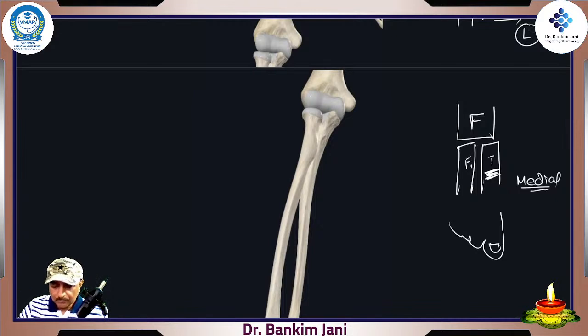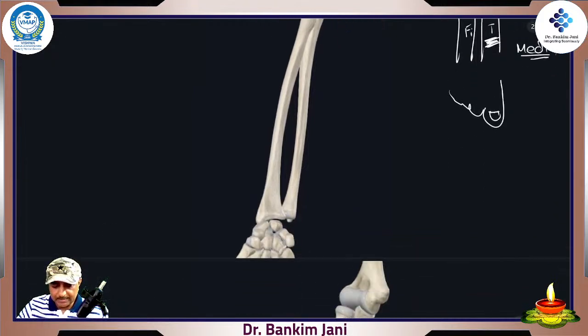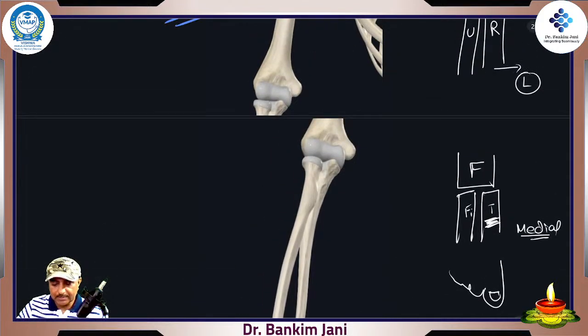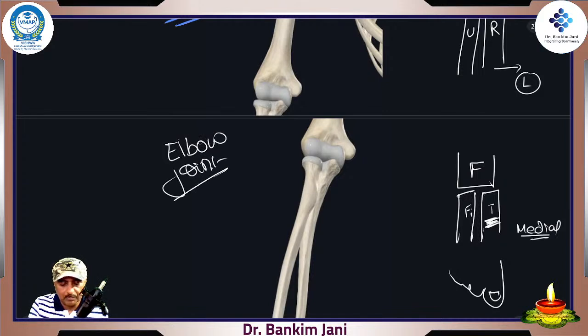So here it is our elbow joint, right? This one is our elbow joint. In the elbow joint, we have not only two bones, but there are some important structures, right?